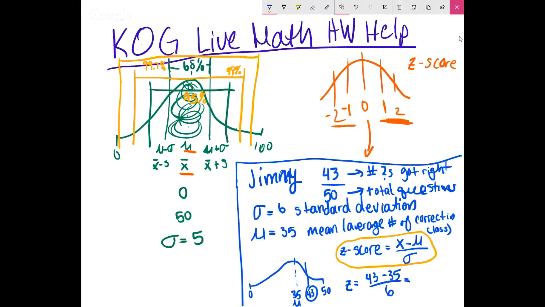So 43 minus 35 is, let me do it in my head. 43 minus 30 is 13, and 13 minus 5 is 8.